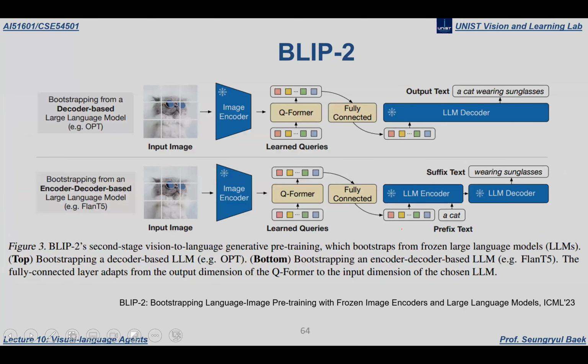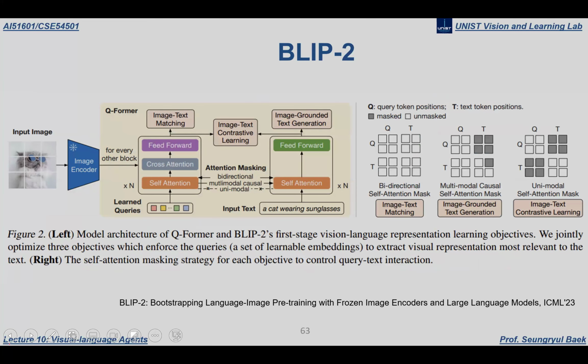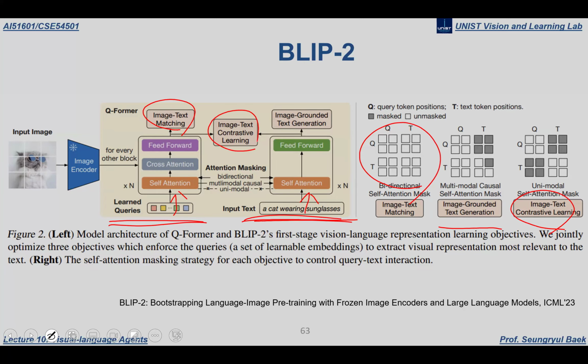When doing the matching between text and visual signals, for calculating the image text matching part, all the queries are seen together, the visual queries denoted as Q and the text denoted as T. But for the second rule, image text contrastive learning, when generating output for the vision part, we have to see only the vision queries.